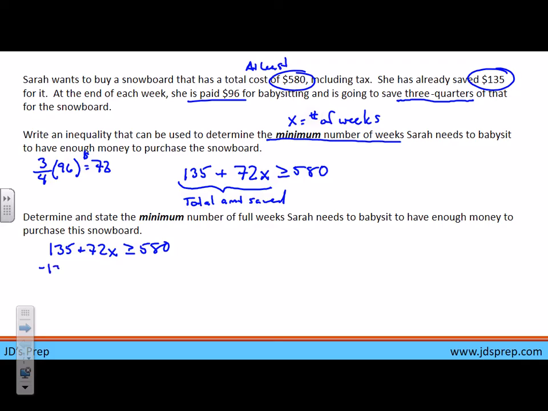Subtract 135 from both sides of this inequality, which leaves us with 72x being greater than or equal to 445. If we then divide both sides by 72, that's going to give us the inequality x greater than or equal to 6.2.